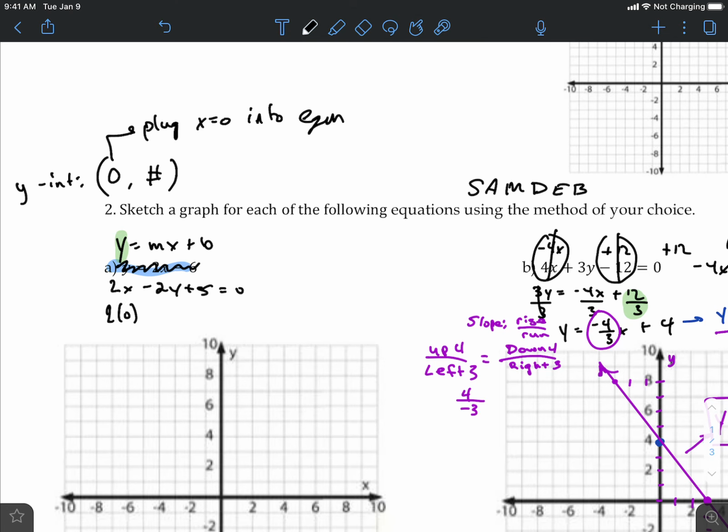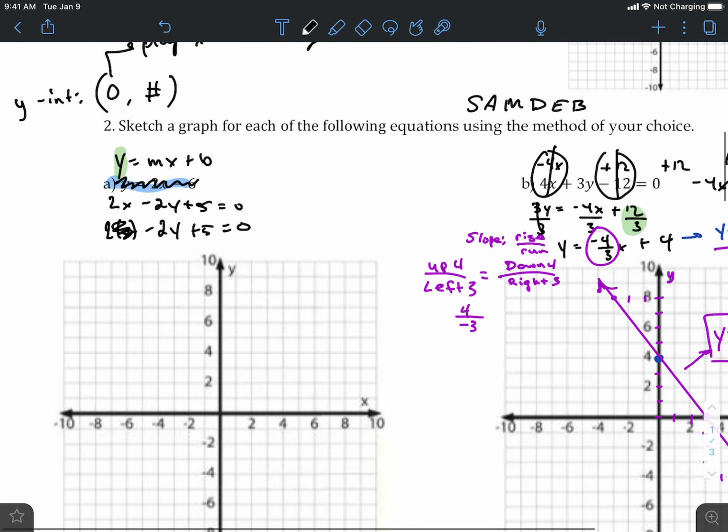What's 2 times 0? 0. It goes away. What are you left with? Well, you're just left with negative 2y plus 5 equals 0. Can you please solve for y? Yes, you can, because I showed you a whole bunch how to do that. That's one of the two-step equation questions from yesterday.